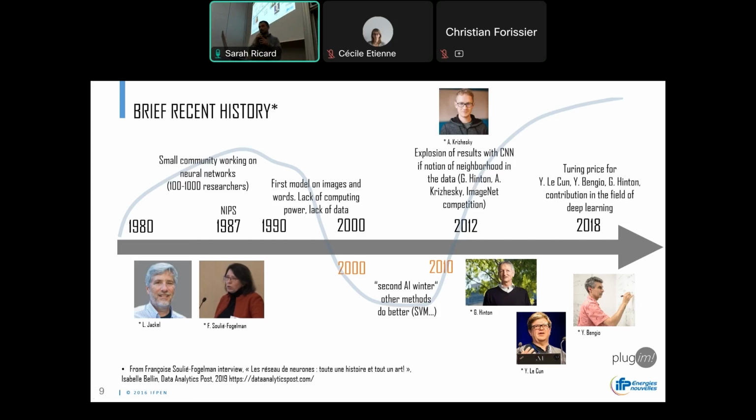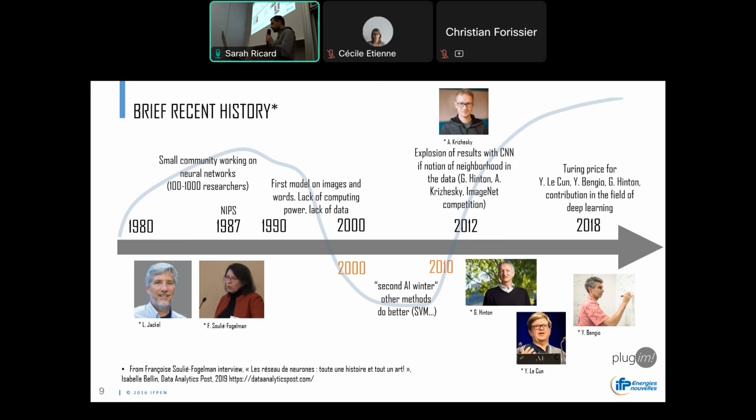So the last date I want to mention is 2018, with the Turing Prize given to Yann LeCun, Yoshua Bengio, and Geoffrey Hinton for their contribution to the field of deep learning. And last year Geoffrey Hinton received the Nobel Prize in chemistry for his work on deep learning applied to chemistry.